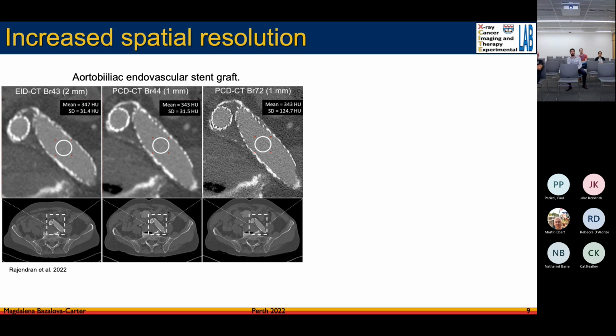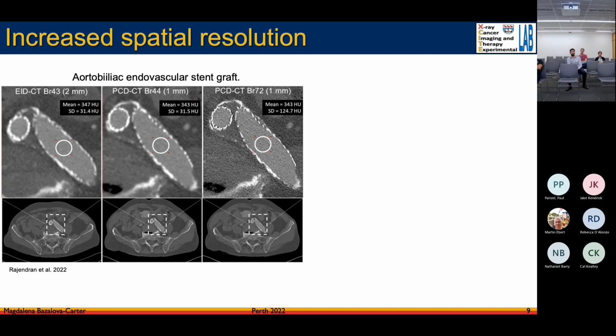It might be just due to the smaller slice thickness, because the stents have really fine structure. If you are imaging at 2 millimeters, you won't be able to see the stent struts as clearly in the EID-CT compared to the PCT-CT.